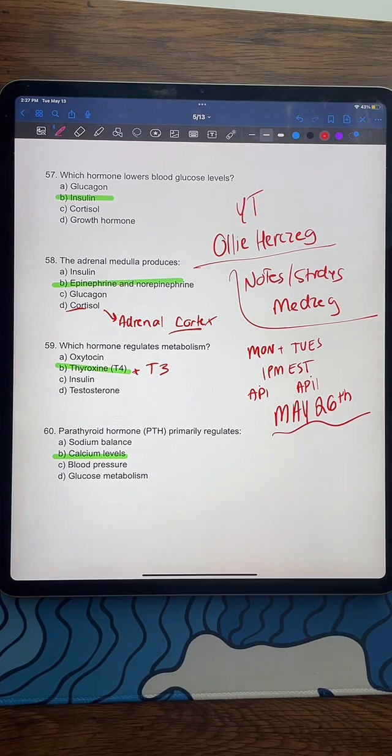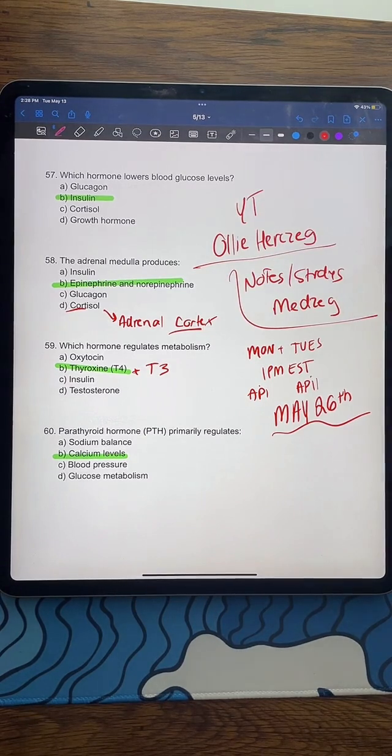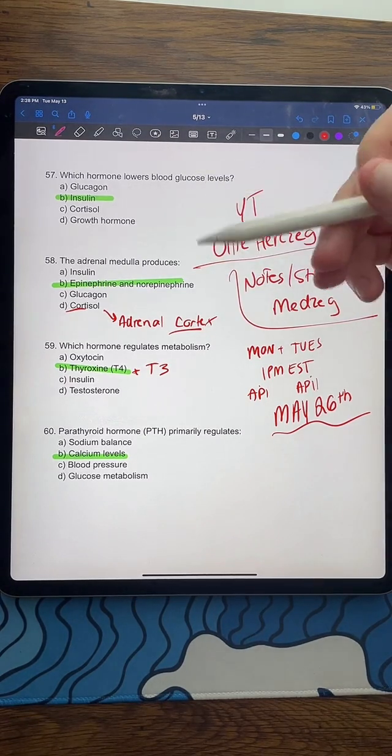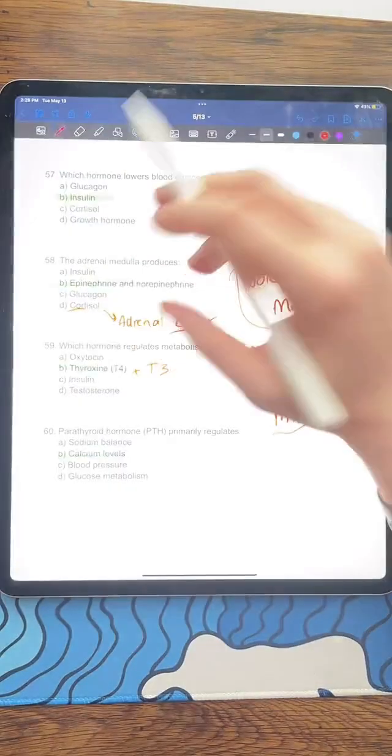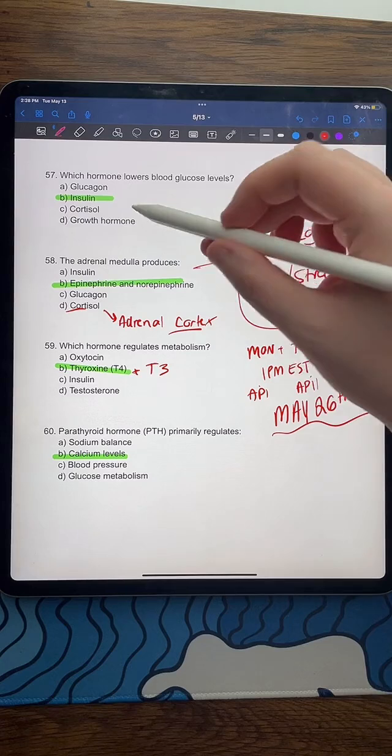The biggest thing when it comes to studying, I think, is active recall. As you're going through material, you should be constantly questioning yourself. It's not that you have to answer questions like this, but when you're reading through your textbook and the topic might be lowering blood glucose, you read through it and it says insulin.